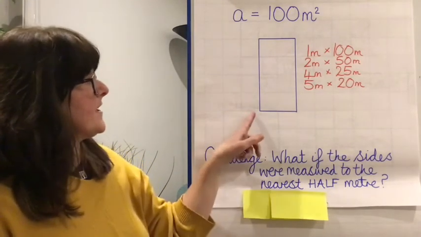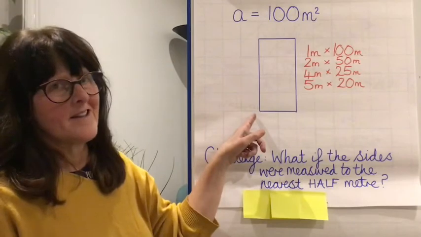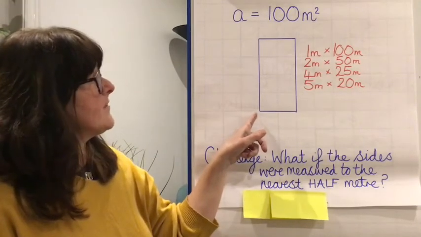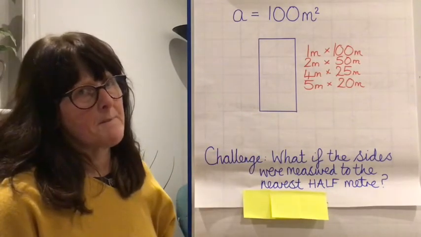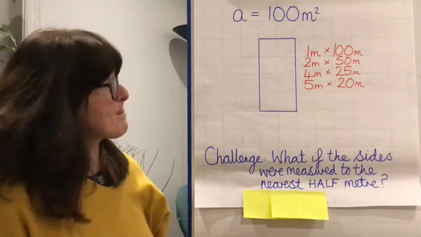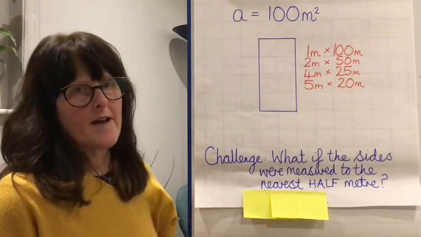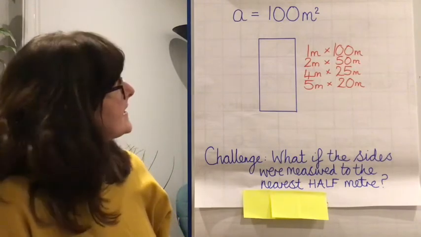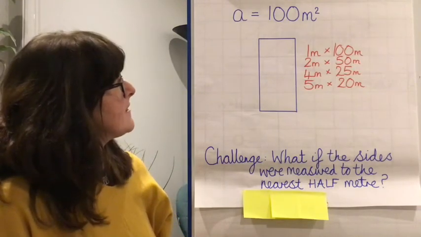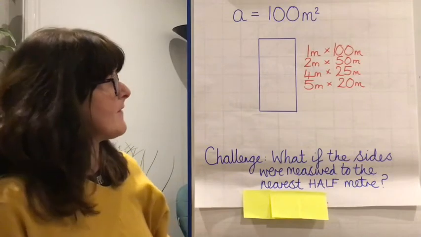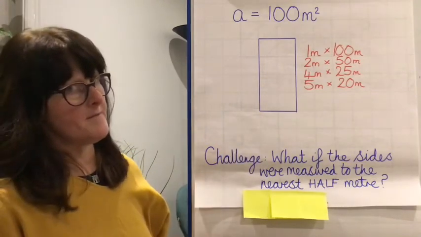However, have a think, why can't the sides of this rectangle measure 10 times 10? That's because this is not a square. If it was a square, the sides would be the same length, and they're obviously not the same length.